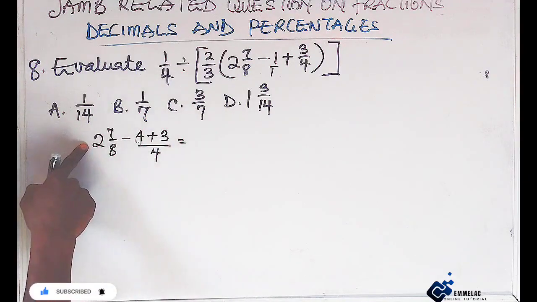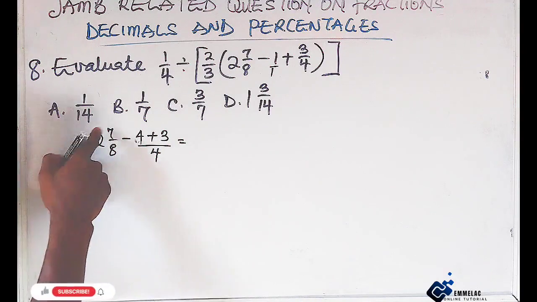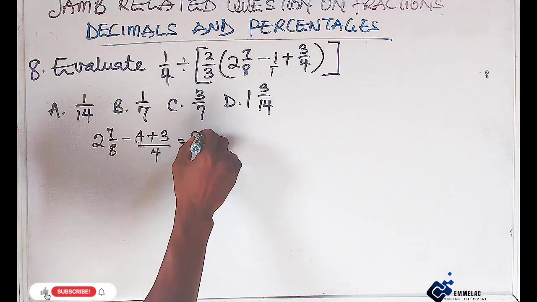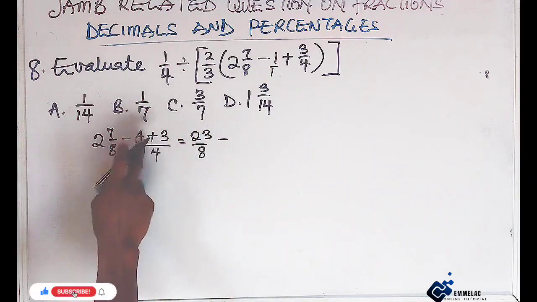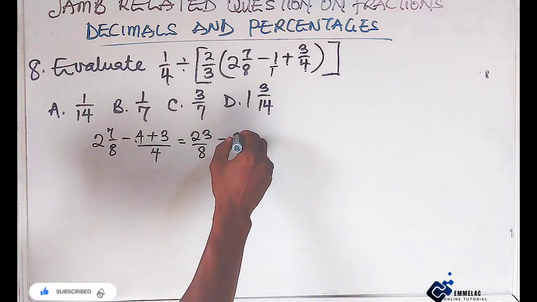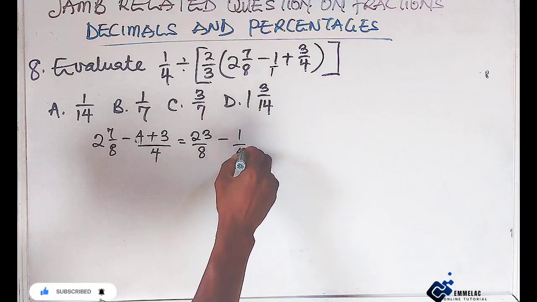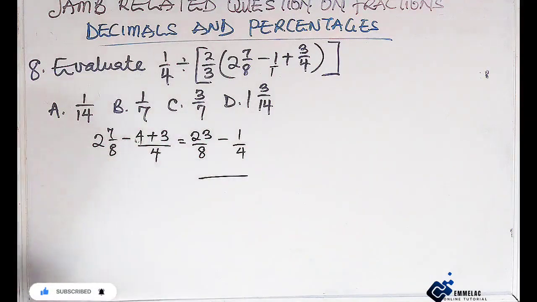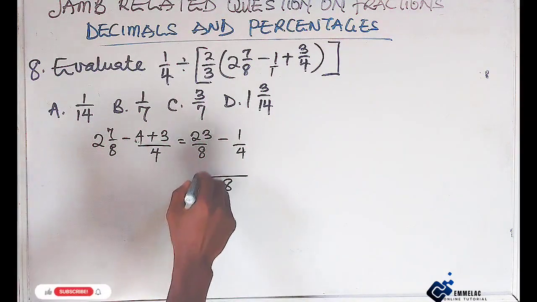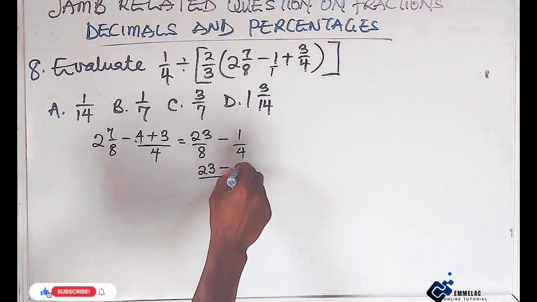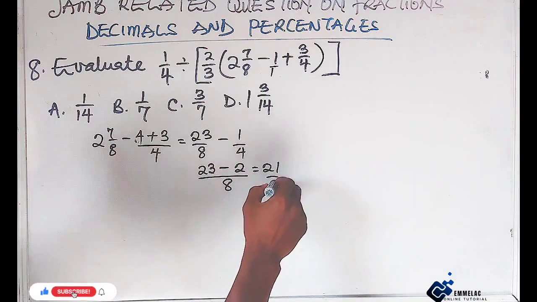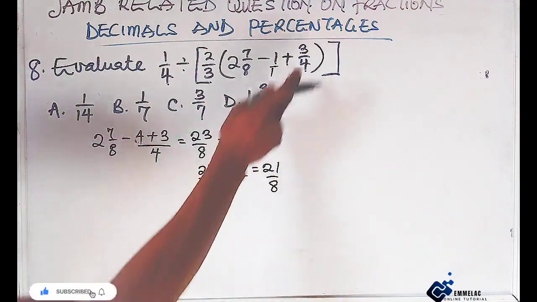This will be 16 plus 7, that will be 23 all over 8, then minus 1 all over 4. The LCM here is 8, that will be 23 minus 2. Now this will give us 21 all over 8. So we've resolved what's in the bracket.